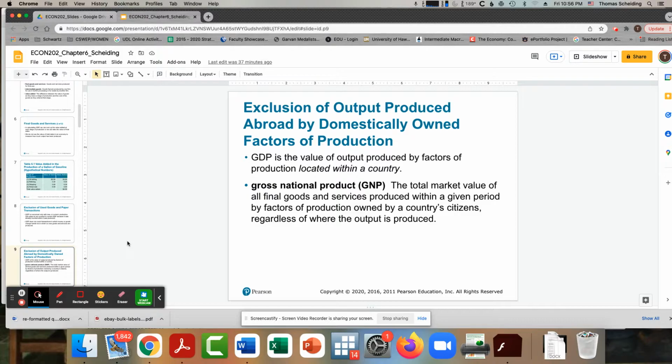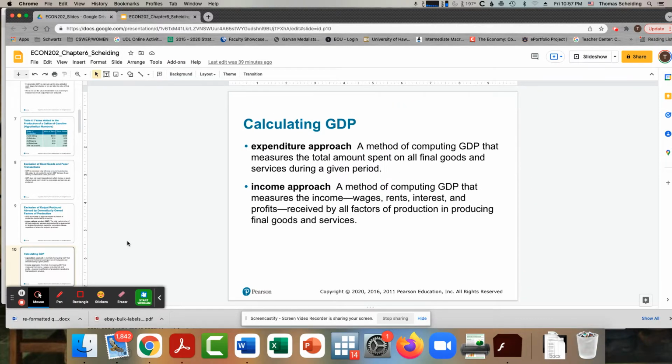That's pretty difficult to calculate because people truly do live all over. But it is another way to try to measure the productive capabilities of a country, in this case of that country's citizens. It's not really that useful, though. What's most useful is just looking at the production within the country itself.